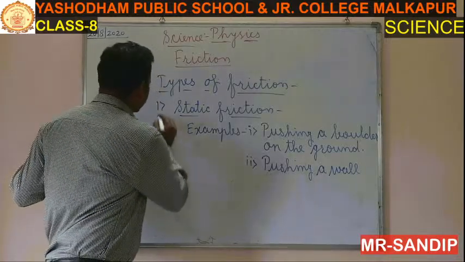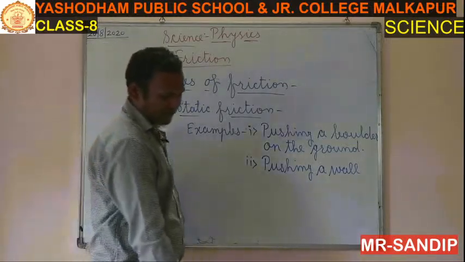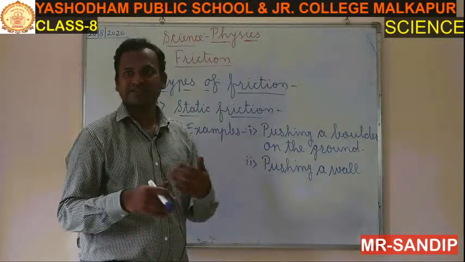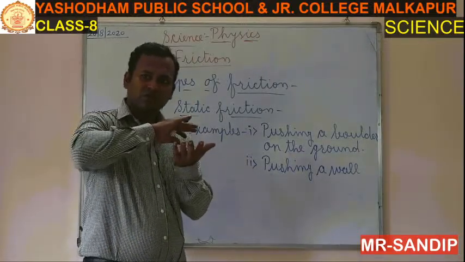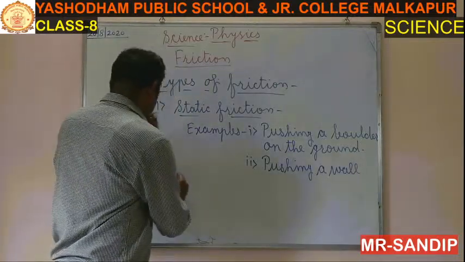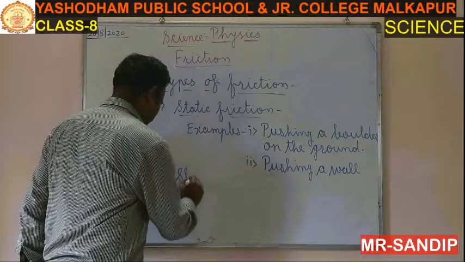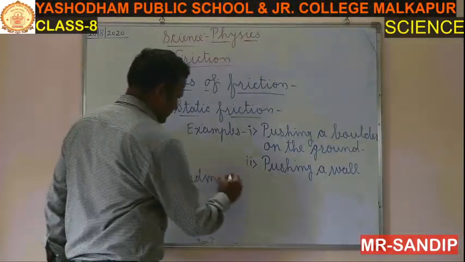The next type is sliding friction. Sometimes we call that kinetic friction also, meaning the body will move on another surface, it will come in motion. That time we are saying sliding friction.